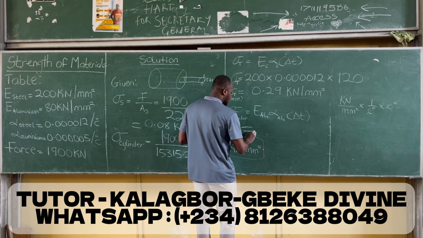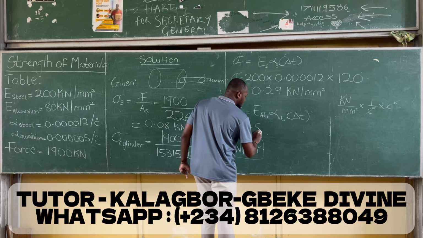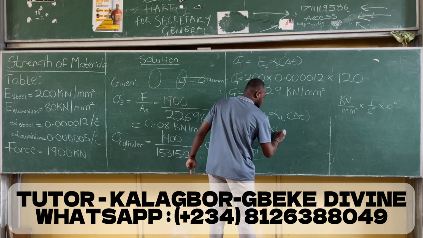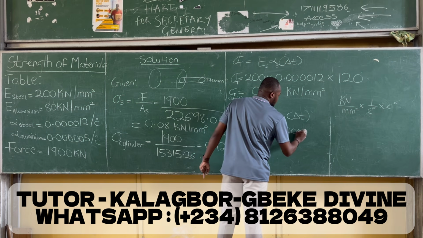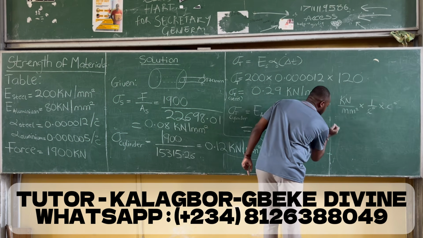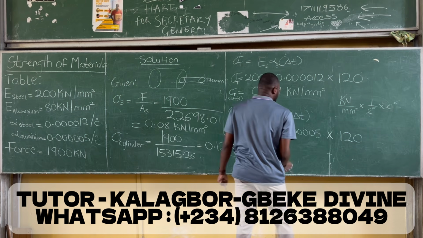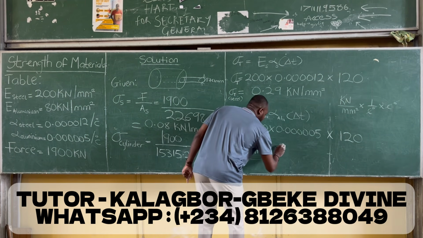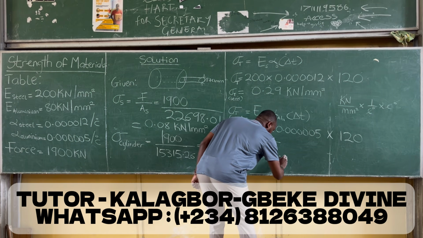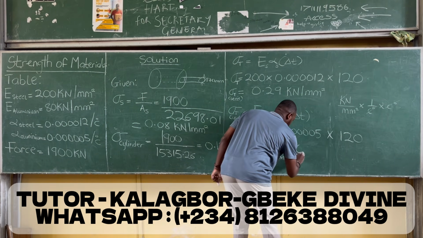So this is equal to 80 kilonewton times 0.000005, times 120. So you are seeing it, that's substituting. Give me the final answer. 0.05 kilonewton per millimeter square.